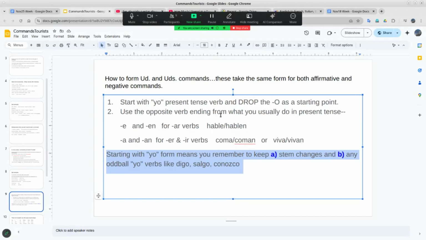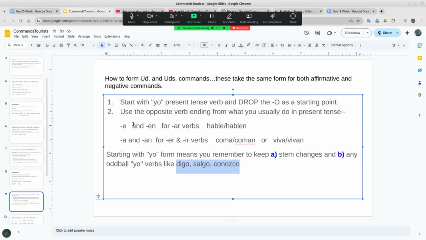Also, any oddball verbs that have an odd yo ending are going to be used for usted and ustedes commands. So why is that important? Because we've got lots of these things that wind up being very odd in the yo form. Digo is what the command form for decir starts from. So tell me is going to use this digo first to get to the command, right?